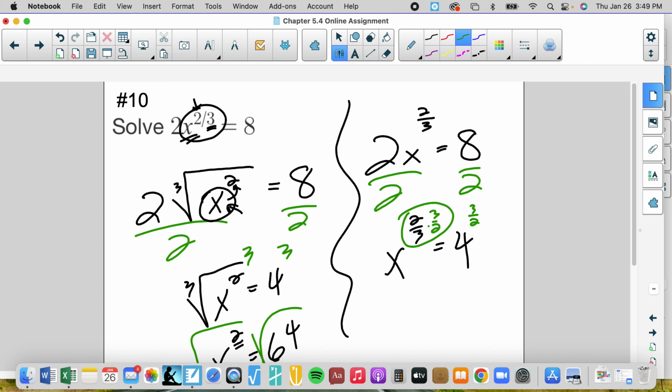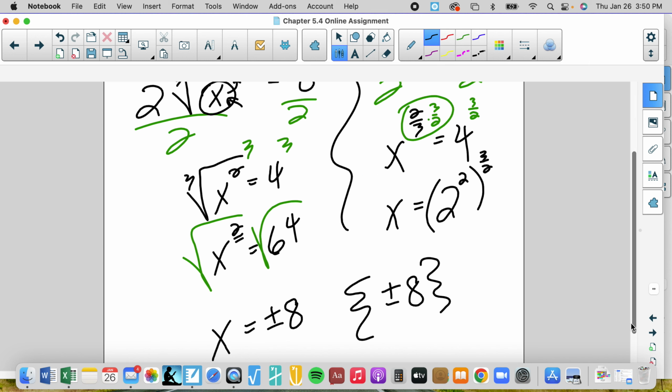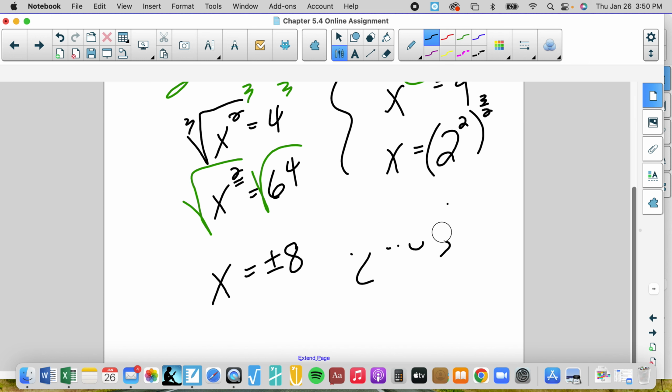This makes 1. So you're left with x, and then you have 4 to the 3/2. I can write 4 as 2 squared. And if I do 2 squared to the power of 3/2, this is pretty good. We're going to write that plus or minus 8.